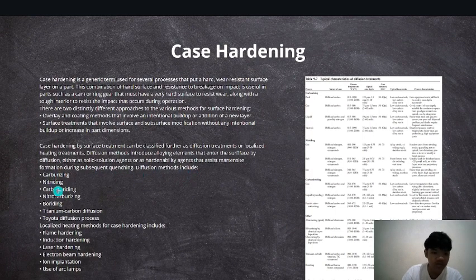Diffusion methods include carburizing, nitriding, carbonitriding, titanium carbon diffusion, and the Toyota diffusion process. Localized heating methods for case hardening include flame hardening, induction hardening, laser hardening, electron beam hardening, ion implantation, and use of arc lamps.